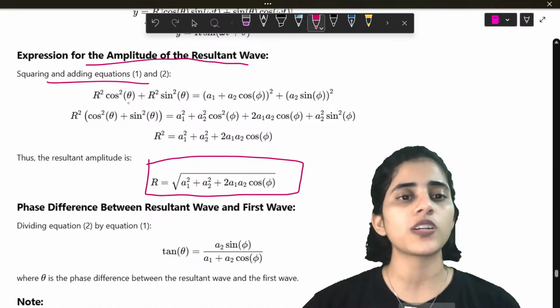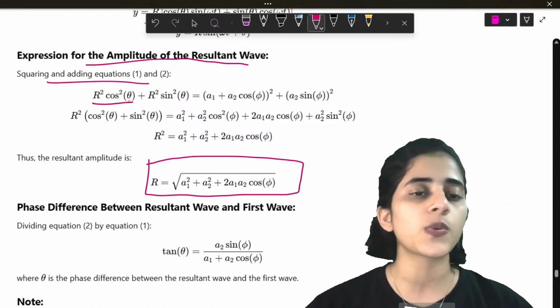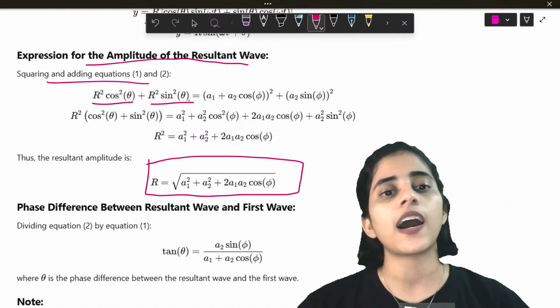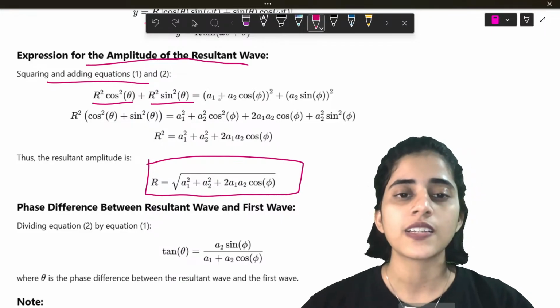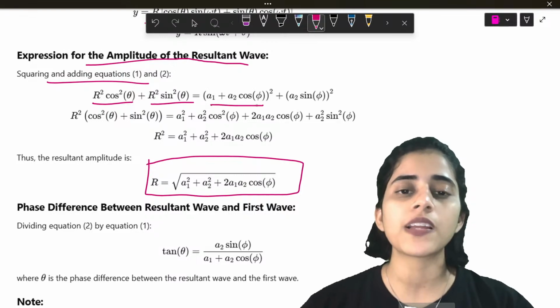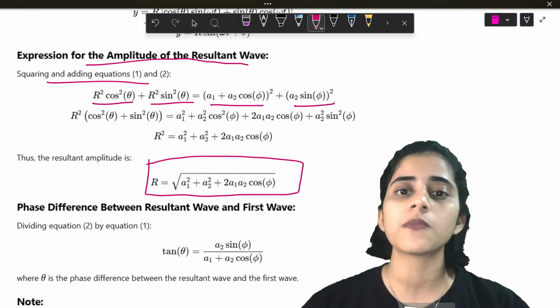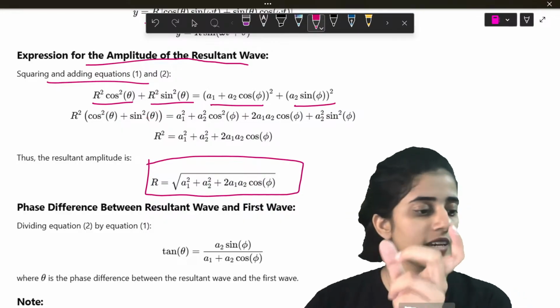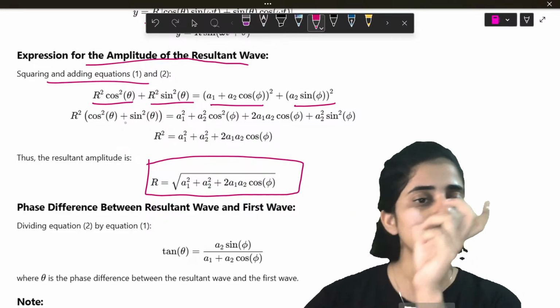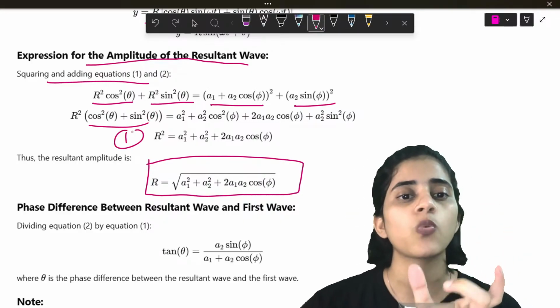So what is there here? R squared cos squared theta plus R squared sin squared theta is equal to (A1 plus A2 cos phi) the whole squared plus A2 squared sin squared phi. So cos squared theta plus sin squared theta, you take it outside, this becomes 1.